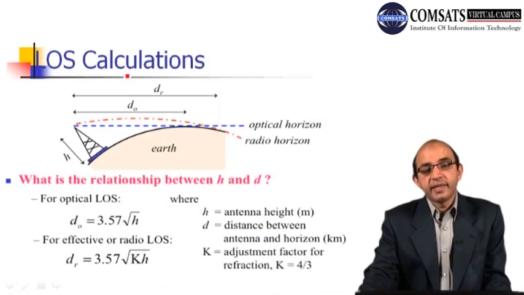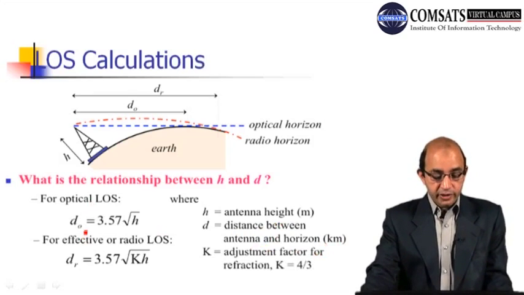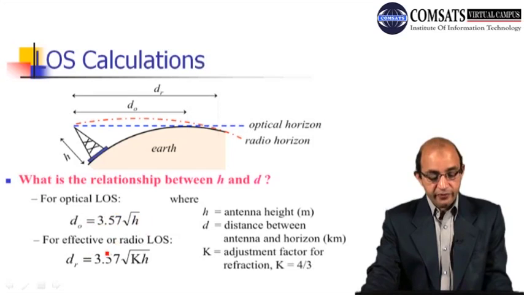Here we can make some of the line of sight calculations. This is the D naught, right? And here we have the DR, right? So h and d: h is the antenna height and d is the distance between antenna and the horizon in kilometers. D naught is equal to line of sight. For optical line of sight, D naught is equal to 3.57 root h, and for effective or radio line of sight, DR is equal to 3.57 root kh.